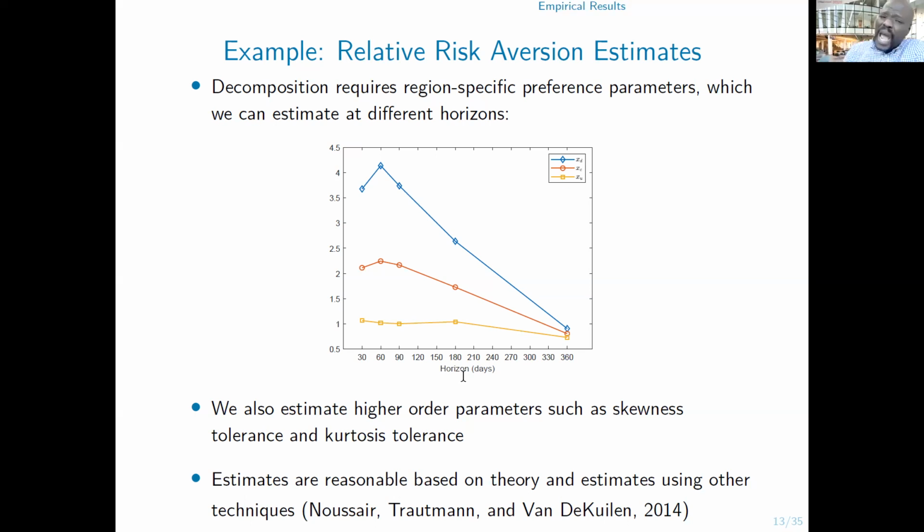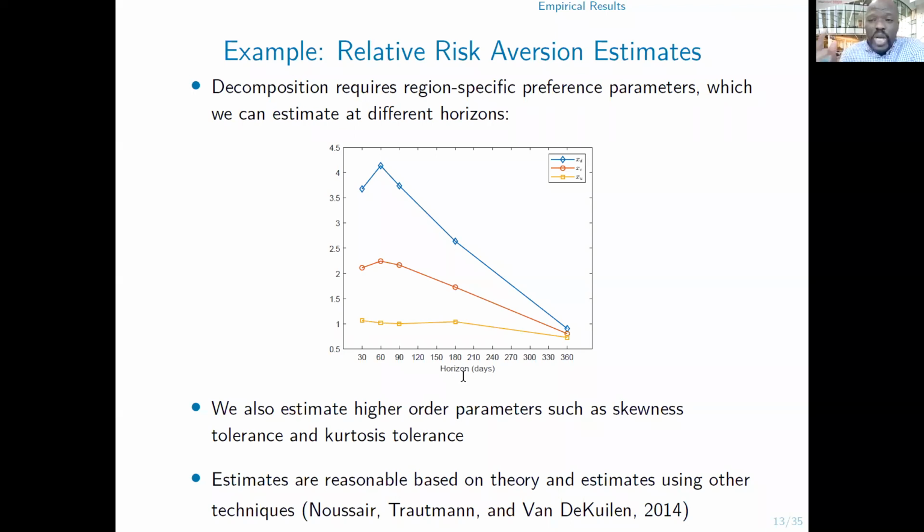The blue line corresponds to the left tail, the red one corresponds to the center, and the yellow one, or close to yellow, corresponds to the right tail. As you can see, when the maturity is 360 days, they are almost close to 1.